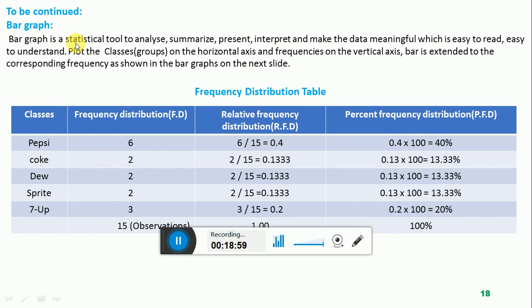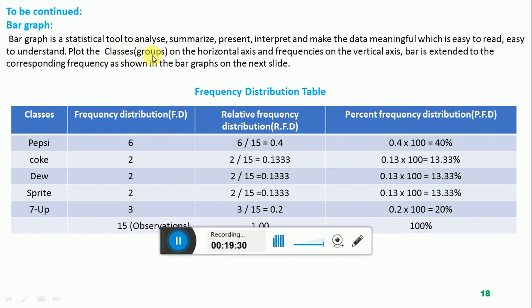But other than the frequency distribution table, we have another tool which is the graph, and for qualitative data we will use a bar graph or bar chart. So a bar graph is a statistical tool to analyze, summarize, present, interpret and make the data meaningful, easy to read, easy to understand.